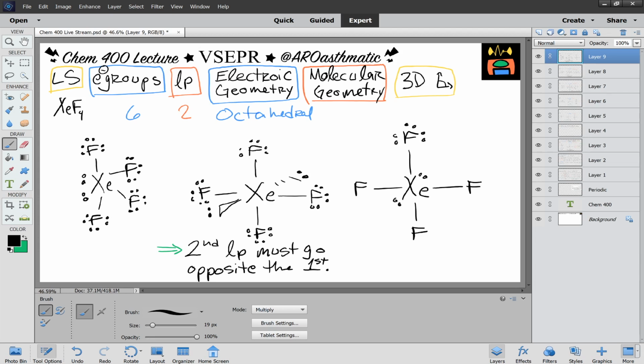You'll notice that we've got 4 vertices, kind of making a square, and that every bond in this molecule is in the same plane. No bonds here on wedges or dashes. It's all flat. So this molecular geometry is called square planar.